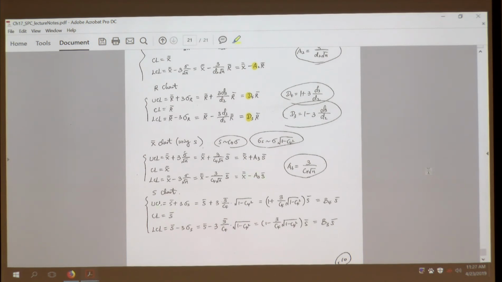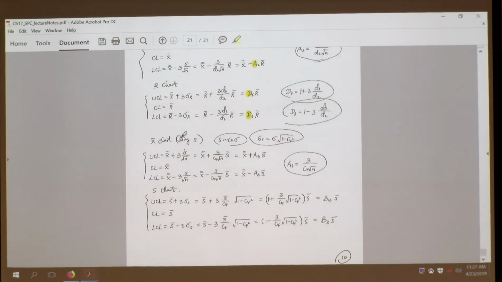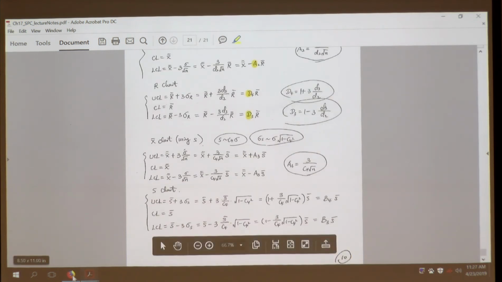And then we also have the S chart, for which we need to use B3 and B4. So in summary, to establish the X bar chart using S, we need A3, and for the S chart we need B4 and B3. Then we will be able to establish this control chart. Okay. So this is the end of the discussion of the X bar chart using R and the X bar chart using S.